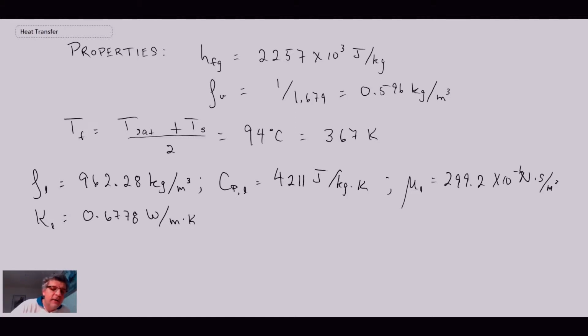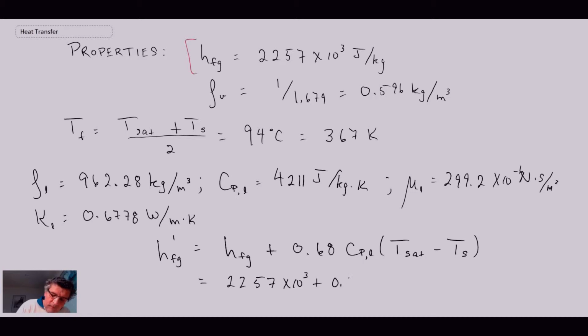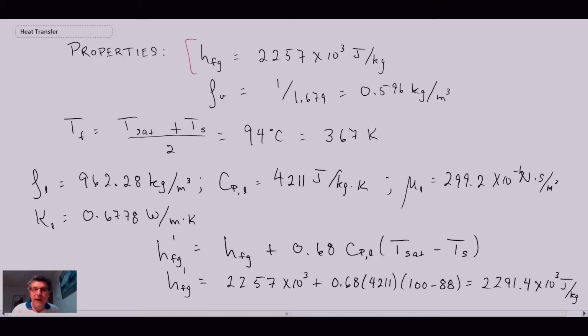In our correlation, we're going to have the modified latent heat of vaporization. We won't be using the plain one exactly; we have to use the modified or corrected one, so let's evaluate that first. We get that for the modified latent heat of vaporization, and we will be using that in our correlations.